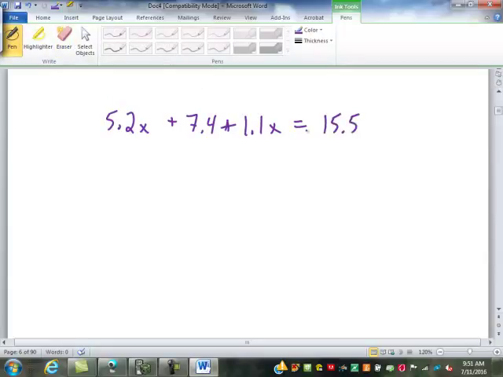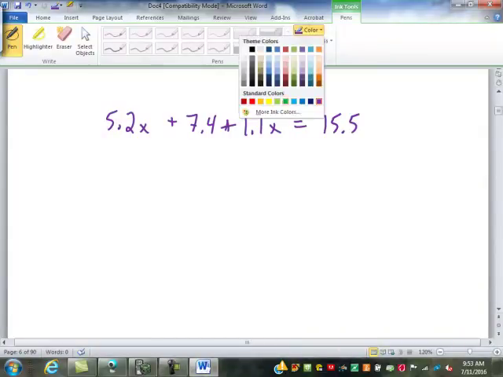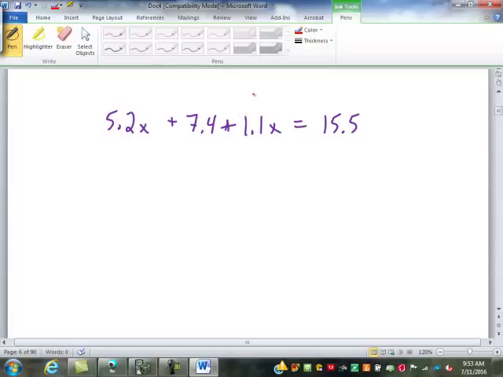We'll do it that way. I want you to try this one and see what you come up with. Okay, so right here, again, we see that the variable appears twice. How do we deal with that in this case?